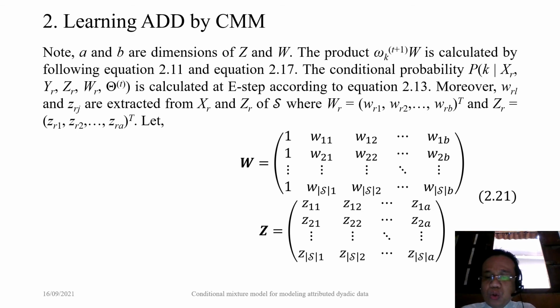Equation 2.21 specifies the matrix W and matrix Z.